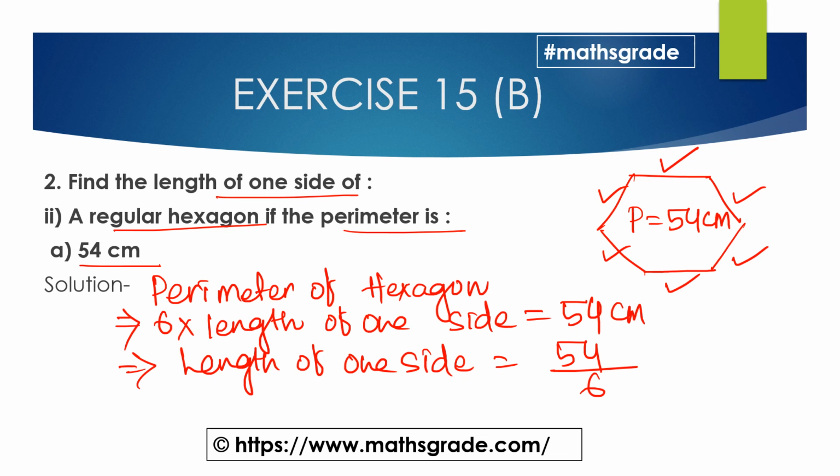This process is known as transposing. So 54 divided by 6 is 9, and the length of one side of the regular hexagon is 9 centimeter.